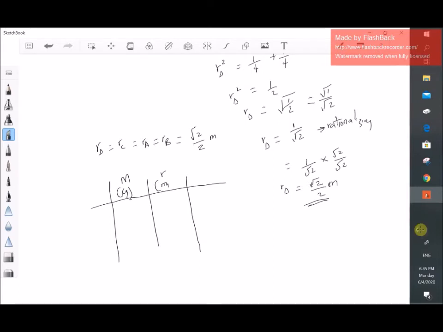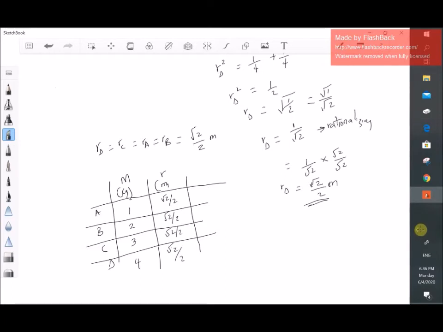So this is point A, point B, C, and D. As you can see, the mass at point A is 1, at point B is 2, point C is 3, point D is 4. The radius from the center for each point is the same, which is root 2 over 2, root 2 over 2, root 2 over 2, root 2 over 2.